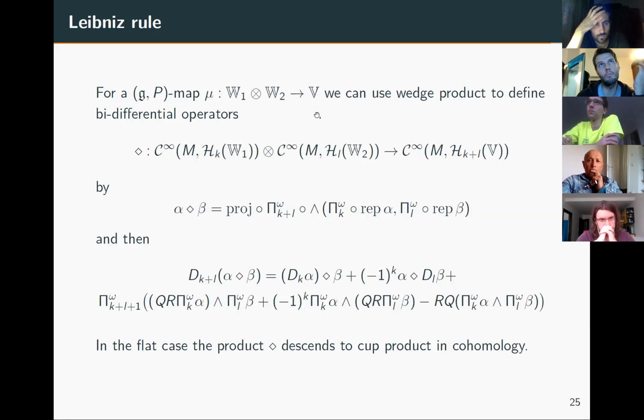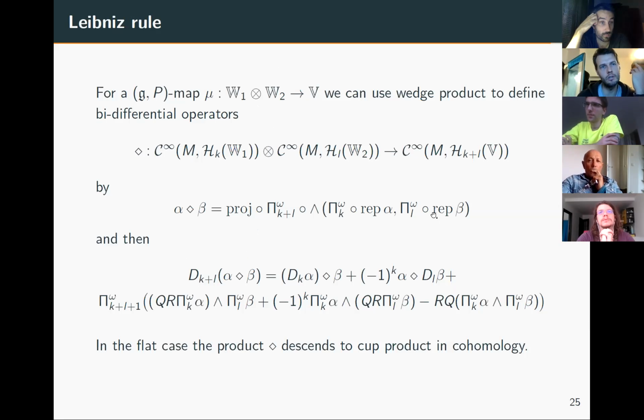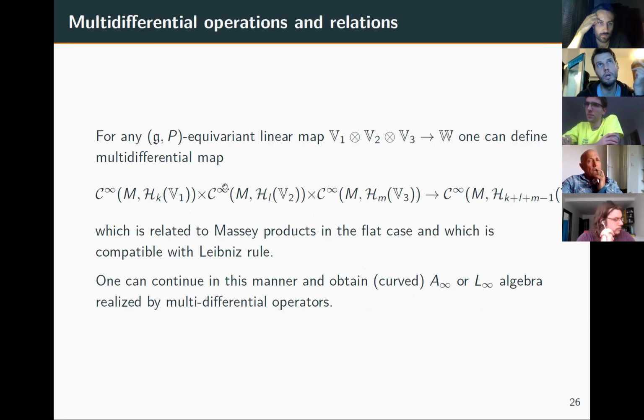Because you can take more copies of A and you obtain 3-differential, 4-differential operators and so on. And to see that there are some relations between these operators, like this is an operator of arity 1, this is a bidifferential operator of arity 2, with A going to A, you will have a 3-differential operator of arity 3. And there are a lot of relations between them, and they are actually the A infinity relations.